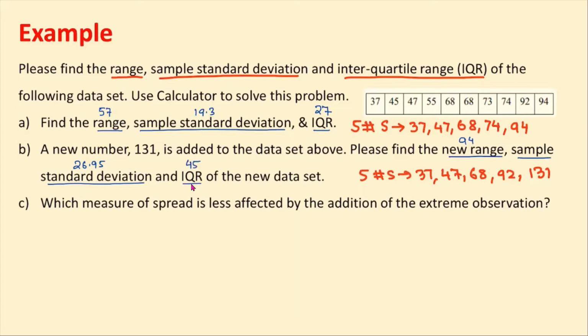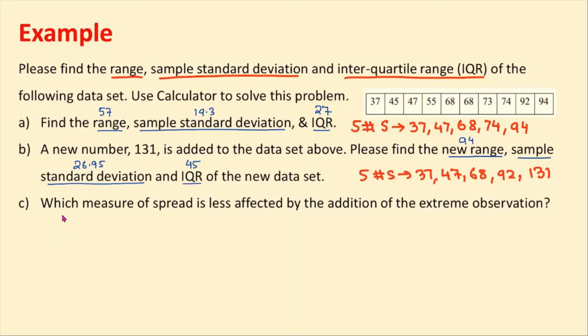Now if you compare, let's look at what happened after adding the data. First we have the values from the original data set. Once we enter the new value 131, let's see how the values change. Range was 57, now the new range becomes 94, so the range has significantly increased. Sample standard deviation was 19.3, and it changed to 26.95, which has also increased significantly.